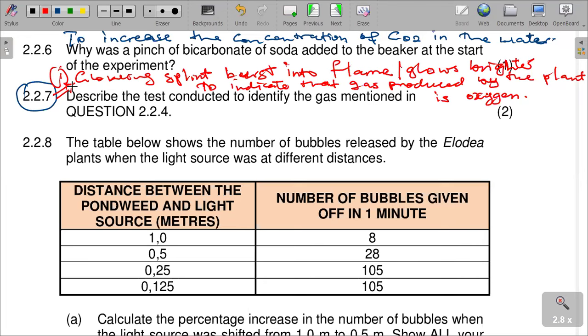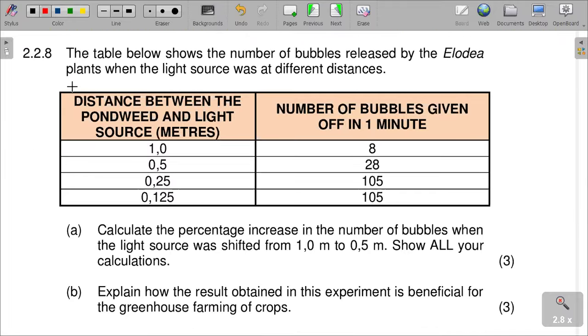Question 2.8. The table below shows the number of bubbles released by the Elodea plants when the light source was at different distances. It is showing the number of bubbles released by the plant at different distances between the plant and the light source.